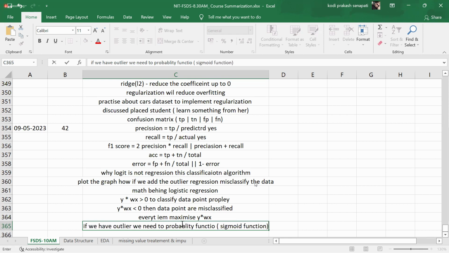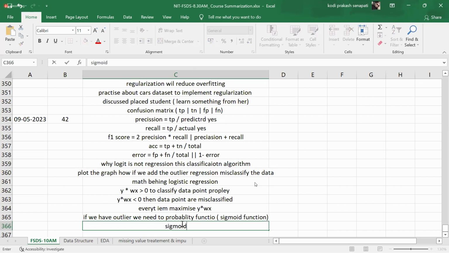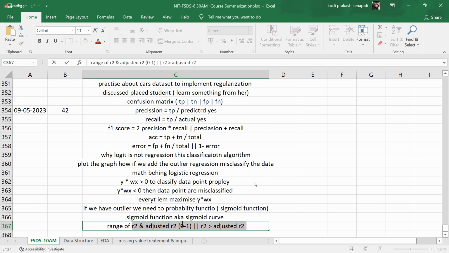Using the help of the sigmoid function, also called the sigmoid curve, the range of the sigmoid curve or sigmoid activation function is 0 to 1.